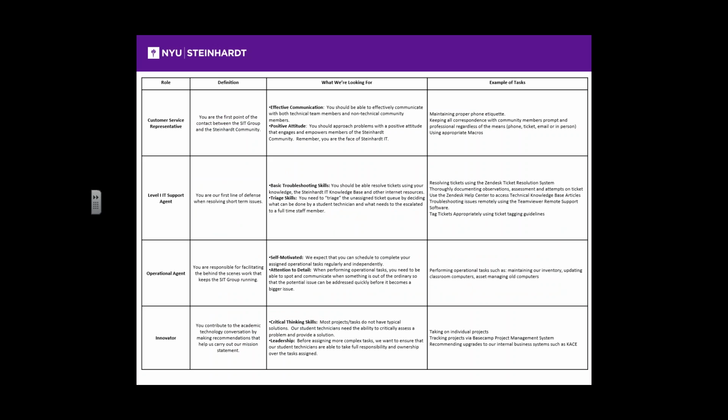This slide shows something that is in our standard operating procedure, and it's how we view a student worker in terms of what roles the student workers would fill. So we see these student workers filling 4 distinct roles: customer service representative, level 1 support agent, operational agent, which is separate from level 1 support agent in that the operational agent does the behind-the-scenes work at the office to make sure that we can give good support.